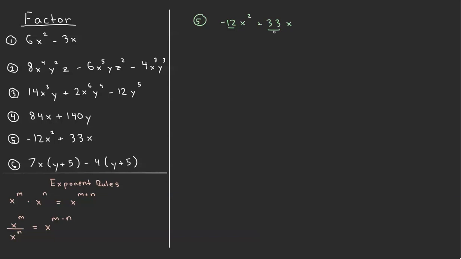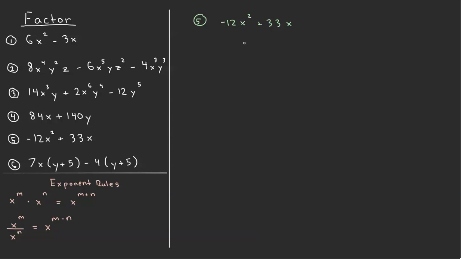Well, 33 is 3 times 11. Okay, and that's it, right? So either you could take out a 3 and 11 or nothing. We also see that 3 goes into 12, so it looks like 3 is going to be the greatest common factor between 12 and 33.